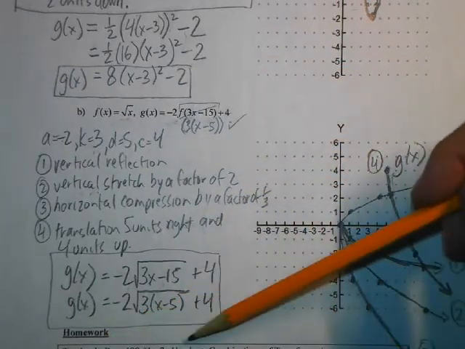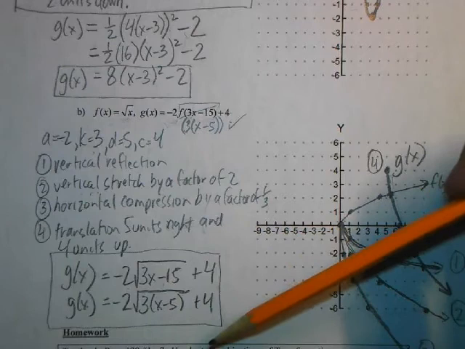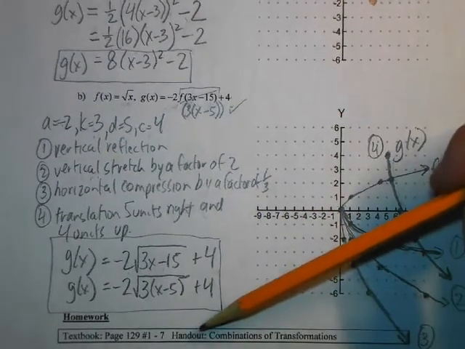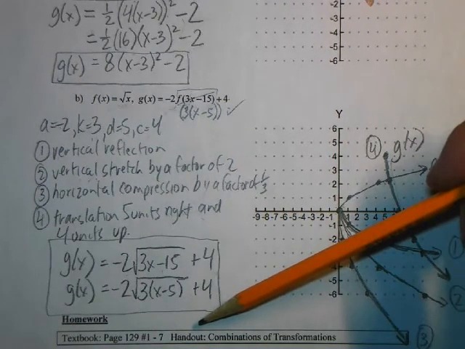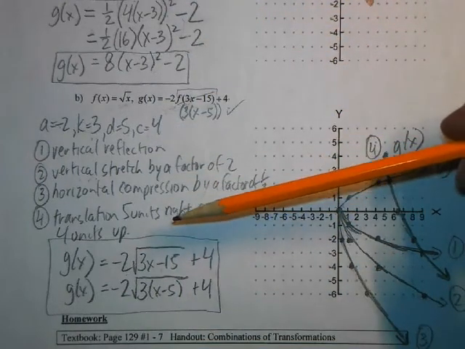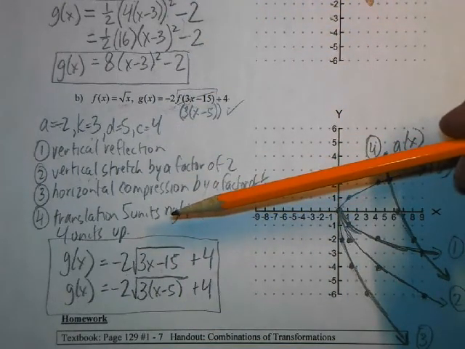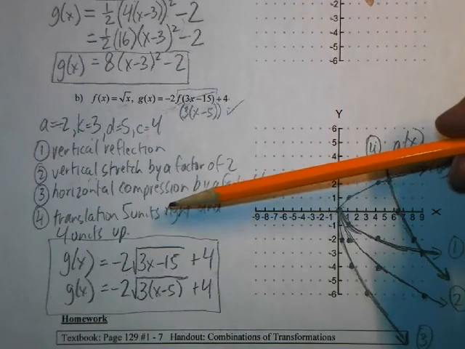Give these a try. Make sure you're very confident and comfortable with those parameters and how you use them. And then tomorrow's lesson should be pretty gratifying. You'll be able to very quickly graph any one of these functions in a matter of, say, 2 minutes tops.